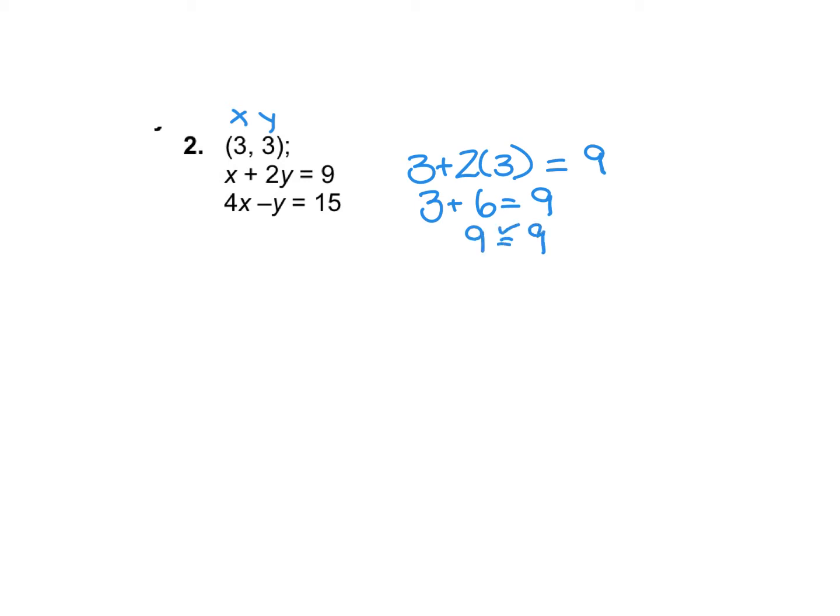Now we've got to plug it into the next one because it has to work for both. So we're going to plug in 4 times 3 minus 3, is that equal to 15? Well, 12 minus 3 is not equal to 15, and so therefore, because it doesn't fit for both of those, it is not a solution to this system of equations.